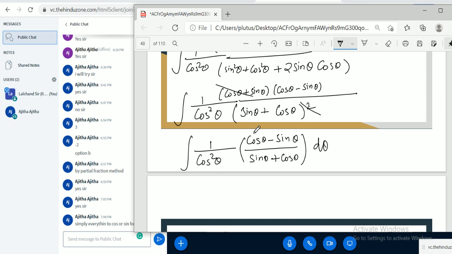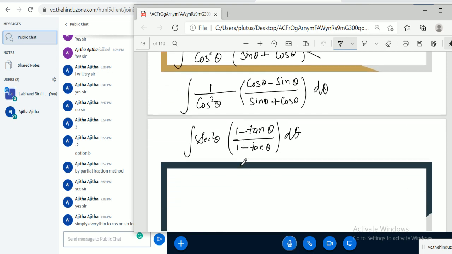If we divide numerator and denominator by cos theta here, then we have this term as sec square theta. We divide in this expression, numerator and denominator by cos theta. Then finally we have 1 minus tan theta and 1 plus tan theta into d theta.